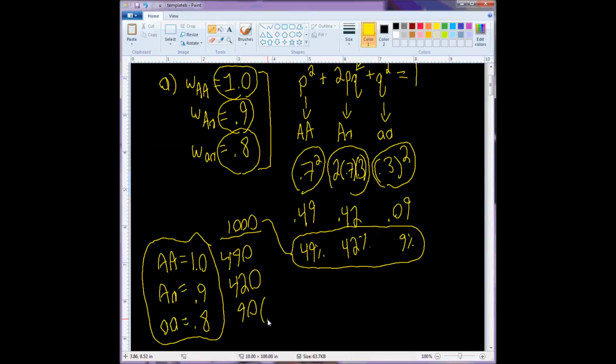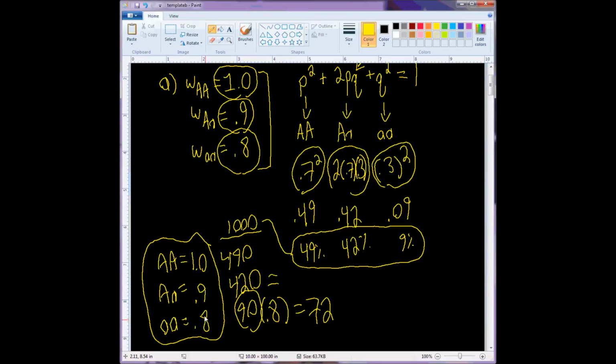So we're going to multiply this by 0.8 because that's the fitness level, and I'm going to take out my calculator here. 90 times 0.8 is 72. So only 72 of these 90 are going to contribute to the gene pool.